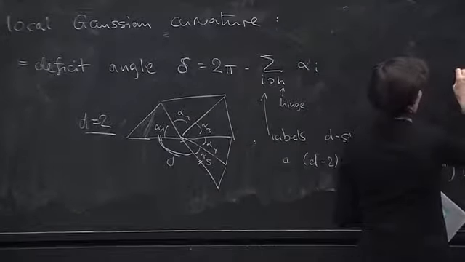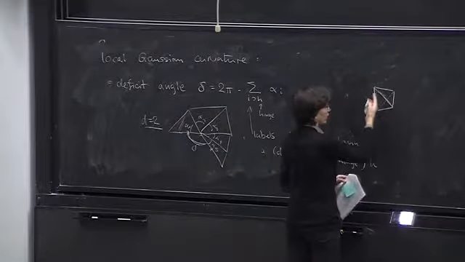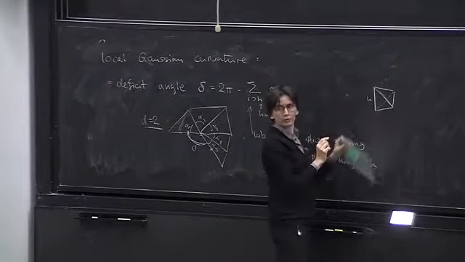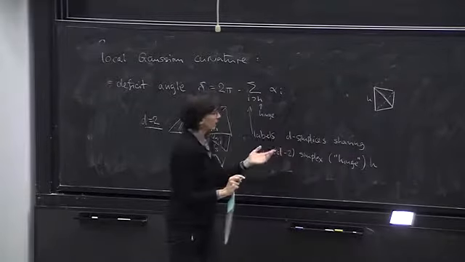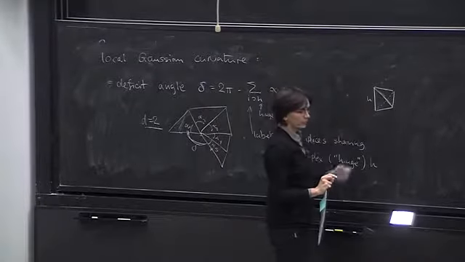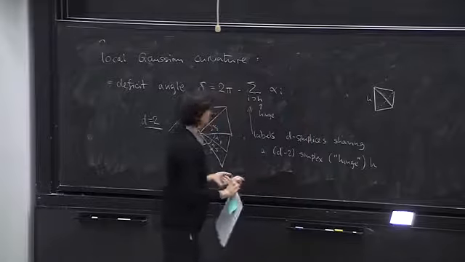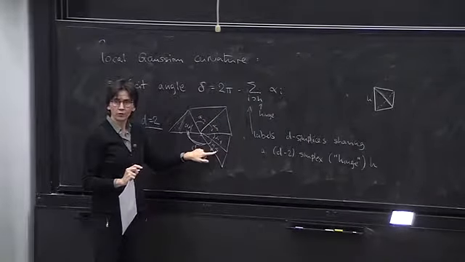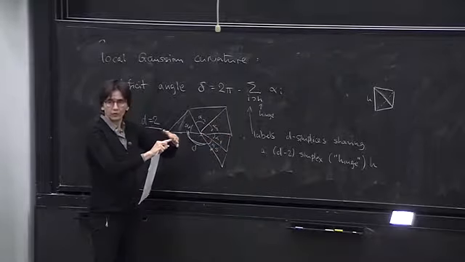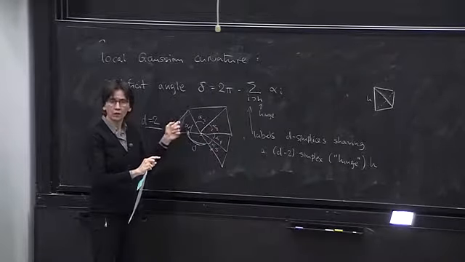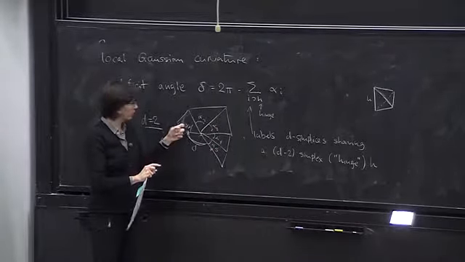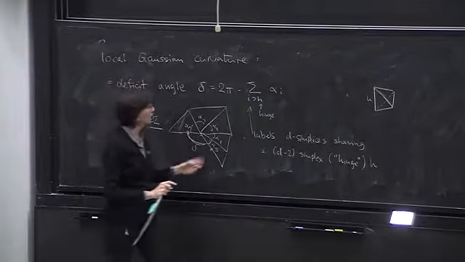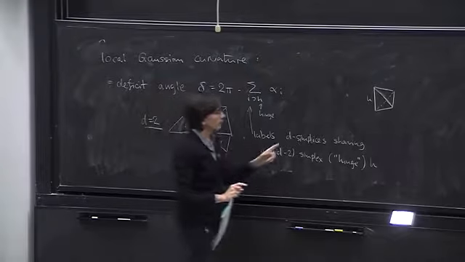So this would be an edge. You see, that is a single tetrahedron, but now I'm gluing a bunch of tetrahedra all around. And again, the geometric data are just given in terms of the edge lengths. And I can, of course, compute all these angles once I know what the edge lengths of these triangles were. So these are geometric data that are given to me. I add them up and subtract them from 2 pi.